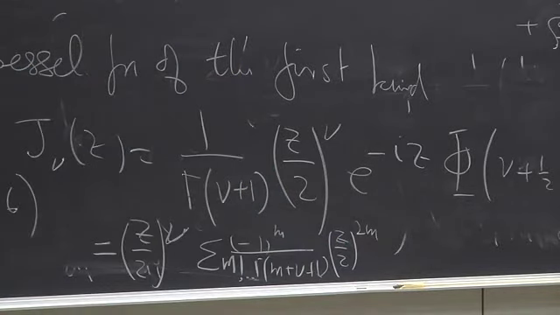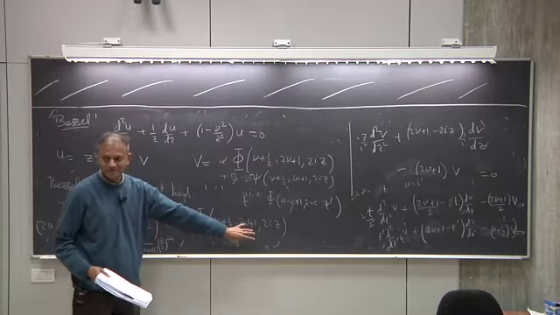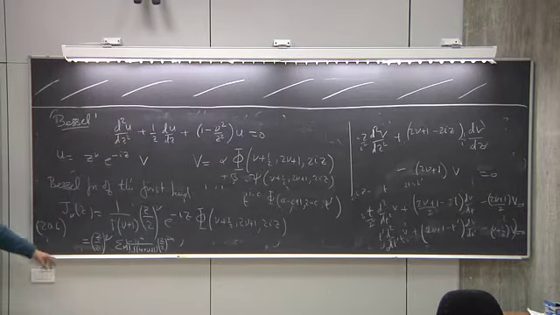It should require some work. It cannot be so straightforward, right? Because here you have to take the product of the two series. That should require some identities involving gamma functions to prove that.